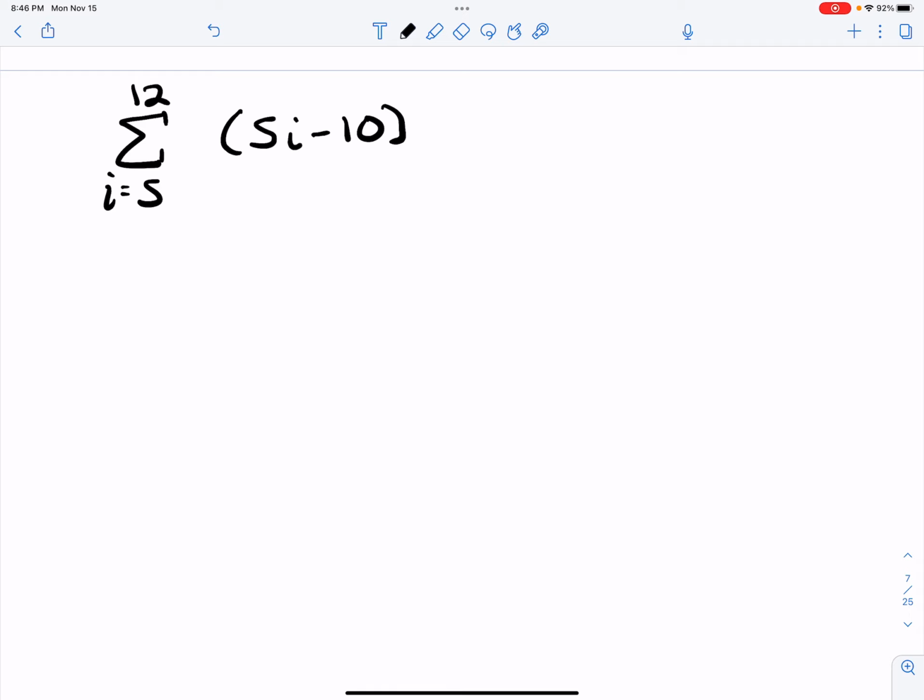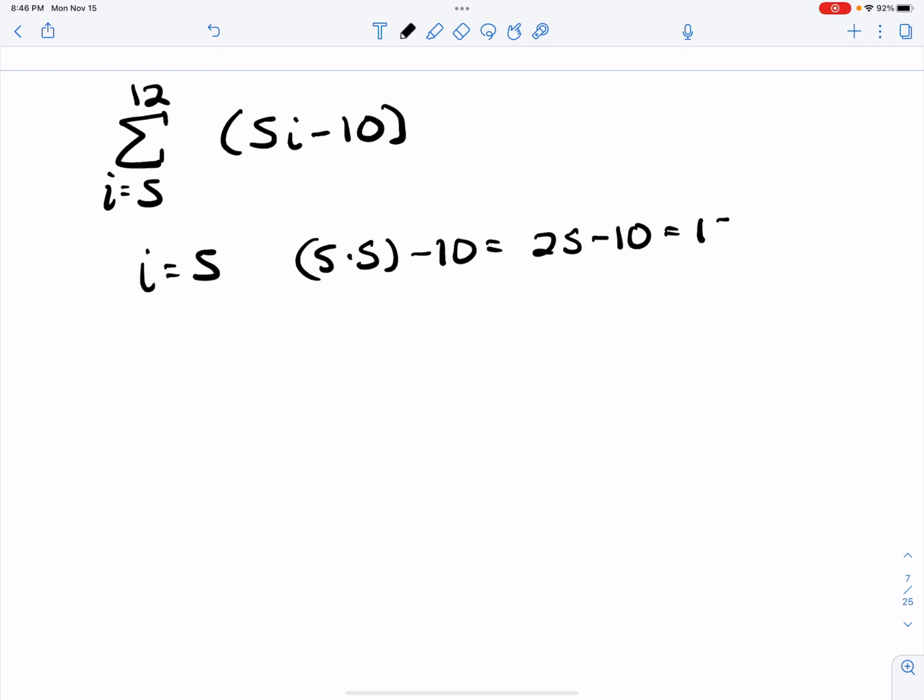Because when i equals 5, you can say, well, that's 5 times 5 minus 10. So 25 minus 10, which is 15. And you could consider that as your a sub 1. You can also think about i being 12. You can say, well, 5 times 12 minus 10.